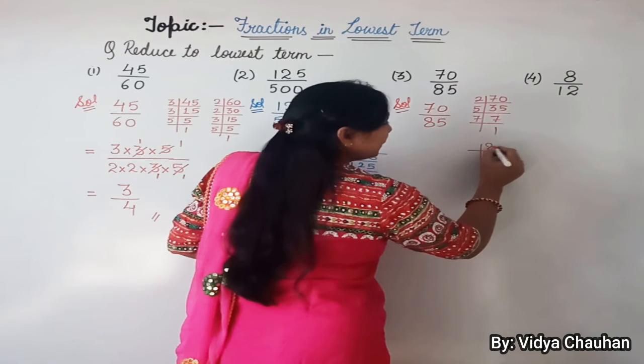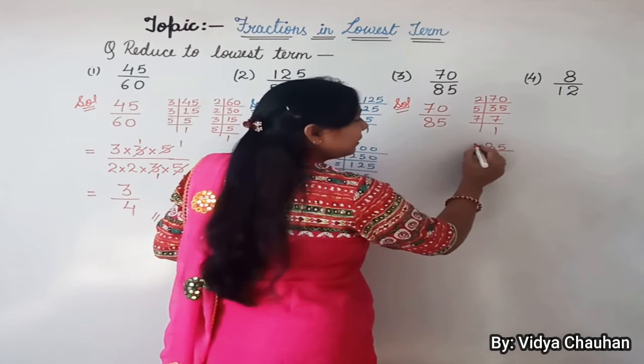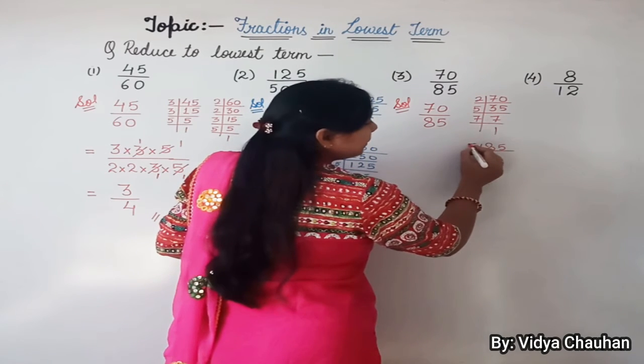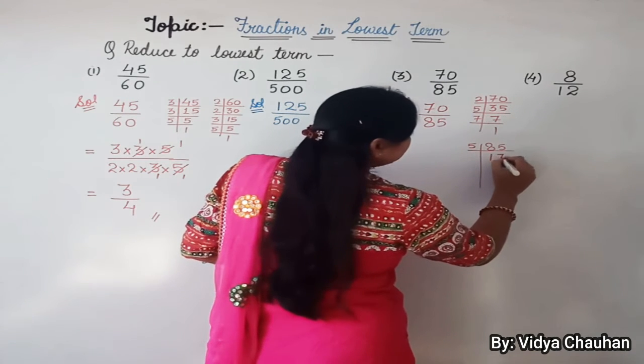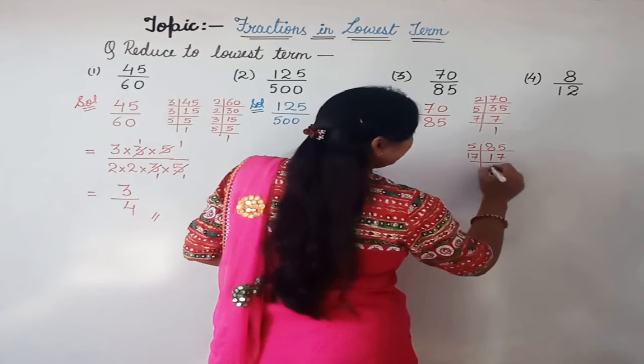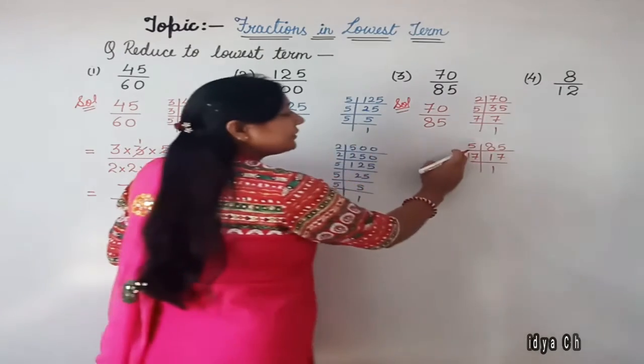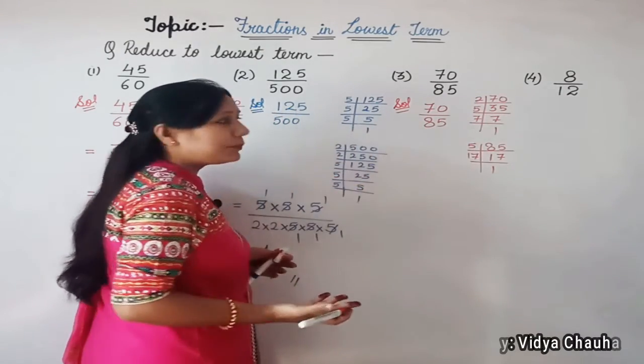Find out the factors of 85 also similarly, dividing by 5, 5 1s are and 5 17s are. Then 17 1s are. Why have we divided by 17? Because 17 is a prime number.